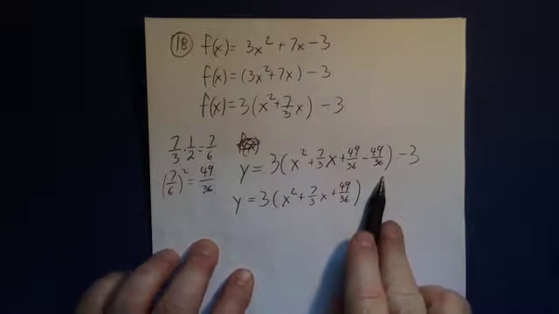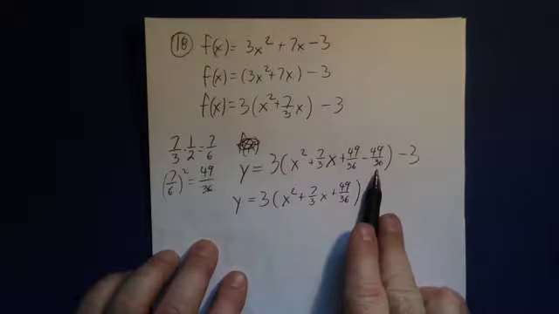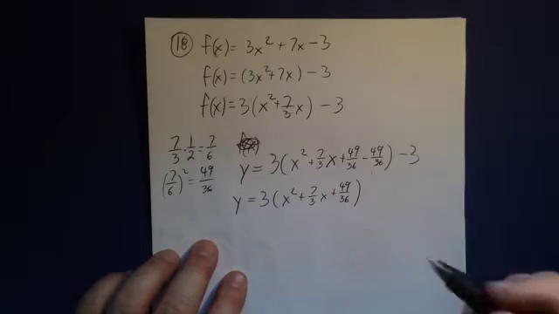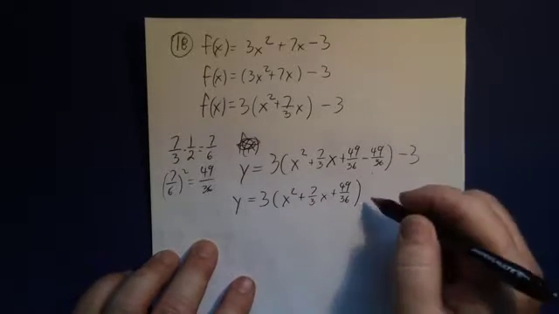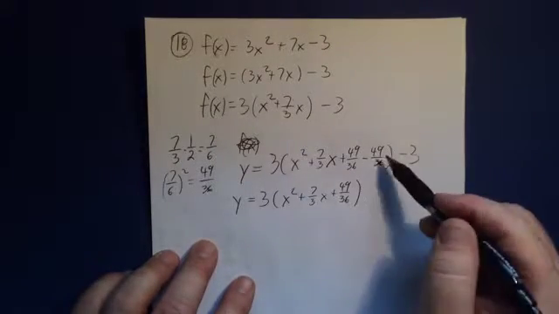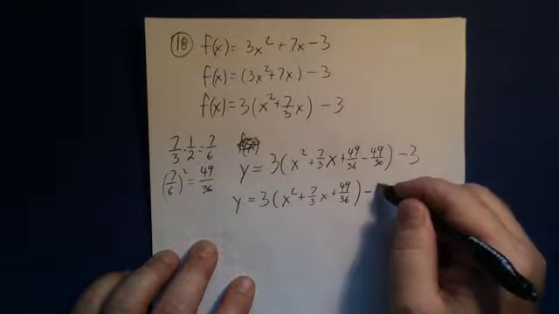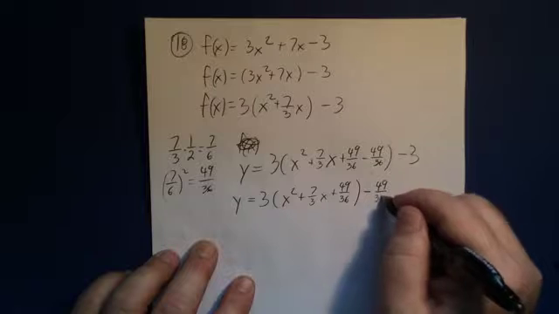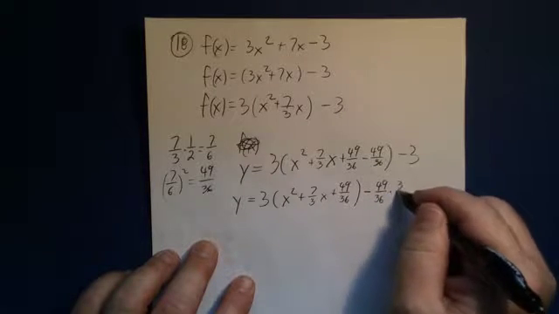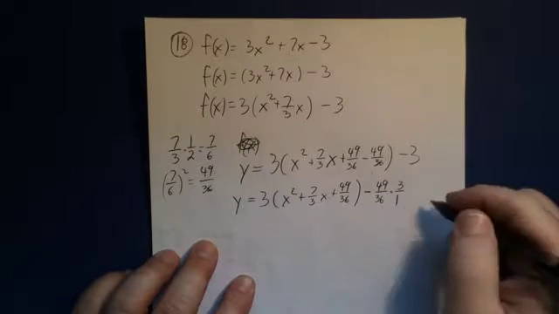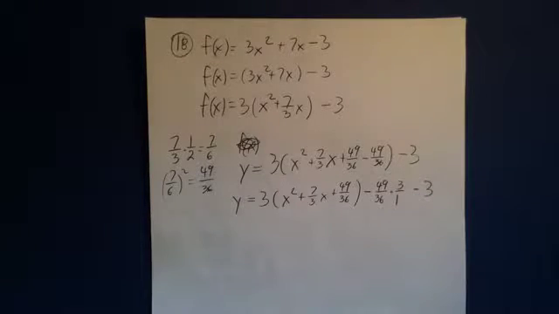But when I bring 49 over 36, especially minus 49 over 36, on the outside, I can bring this out. Well, I know 3 times negative 49 over 36, that's going to be minus. So I'm going to bring this out as 49 over 36 times 3 over 1, because that's the 3 here. And then that's going to be minus 3.